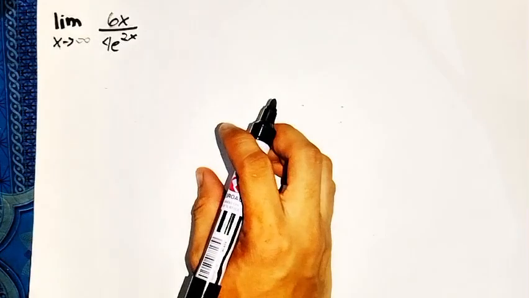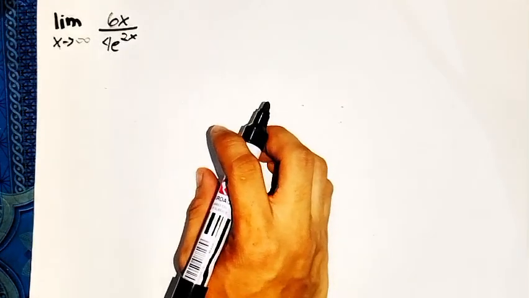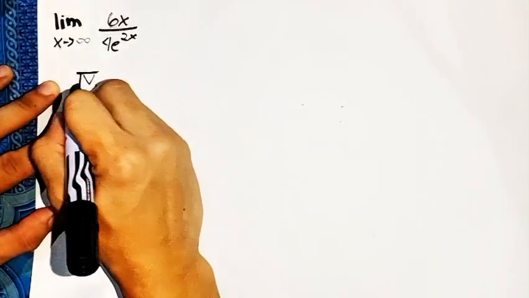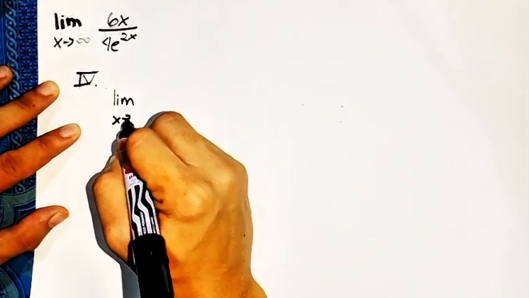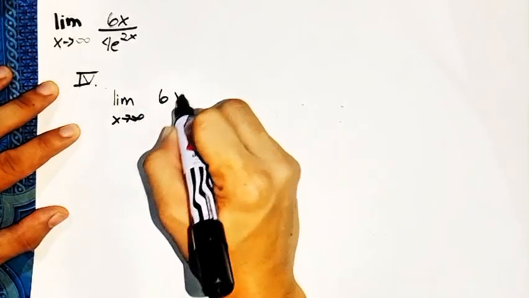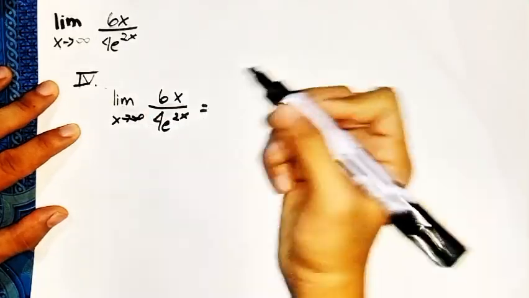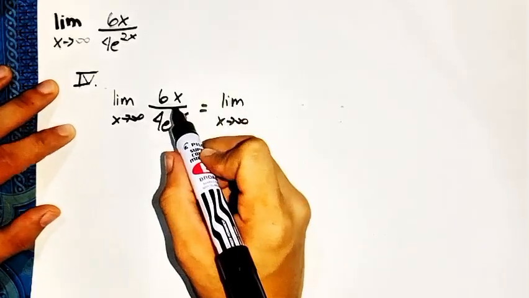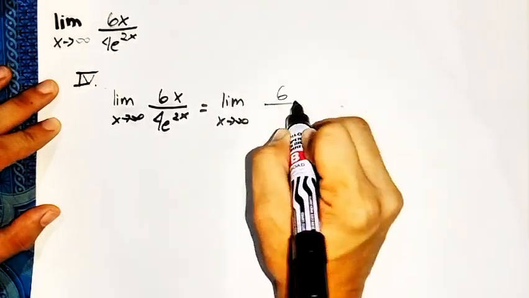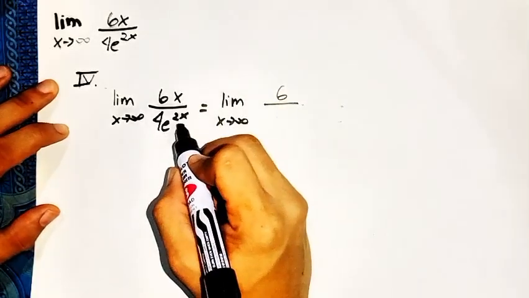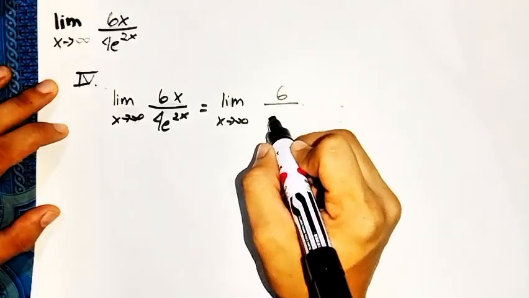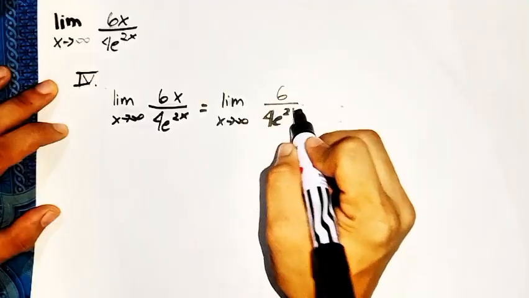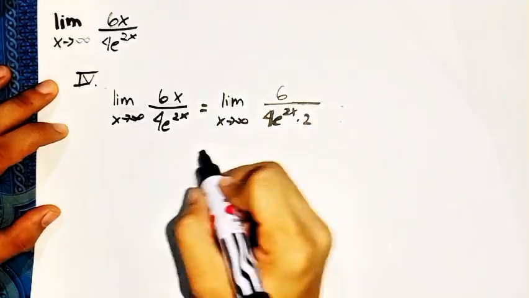Now let's find the third derivative. Limit x approaches infinity, 6x over 4e to the 2x, which is, copy the limit x approaches infinity. The derivative of 6x is 6. And for e to the power of 2x, the derivative is 4e to the 2x times 2, chain rule.